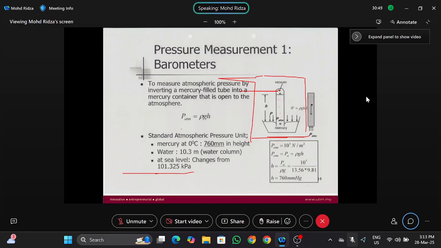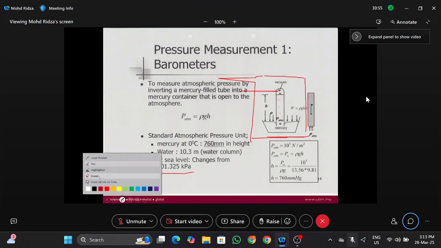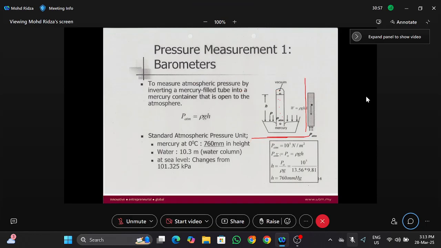So how do you measure the pressure now? When you use this barometer, the height of the mercury is going to give you 760 millimeter, or 0.76 meter, which is 76 centimeter.